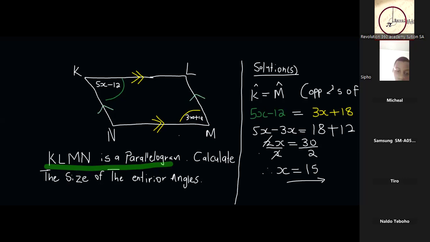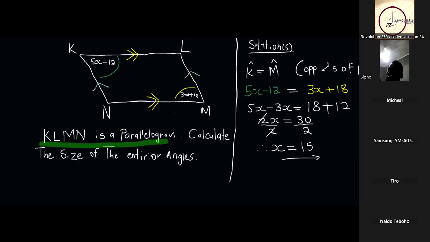So that is K. Our angle K is given as 5x minus 12. And then you'll say angle K equals 5, open bracket, and in place of x, I'm going to put 15, so that will be 5 times 15 minus 12.